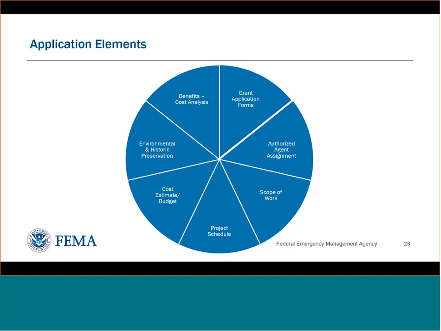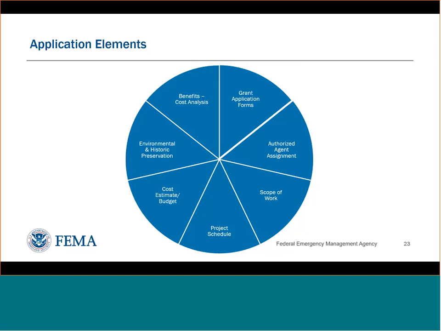If the project is funded, this is the individual who would accept the grant award and so forth. So again, determine who in your community best fits this assignment, if you will, and let us know who that is. You'll have an opportunity to identify this individual in your application.